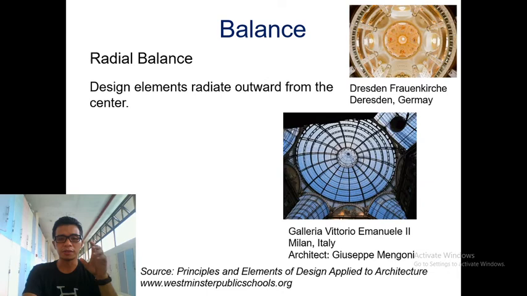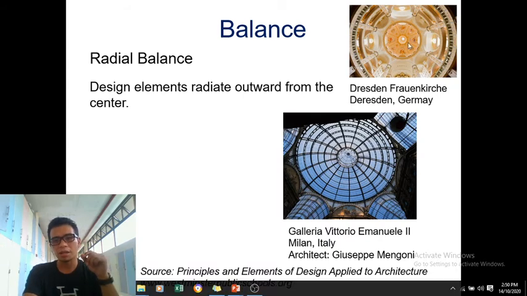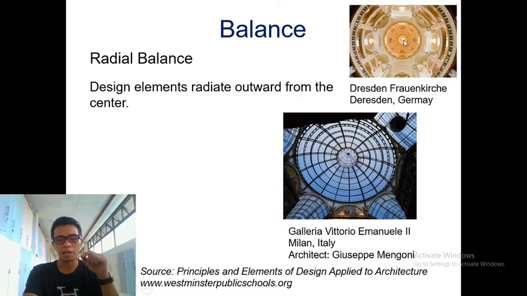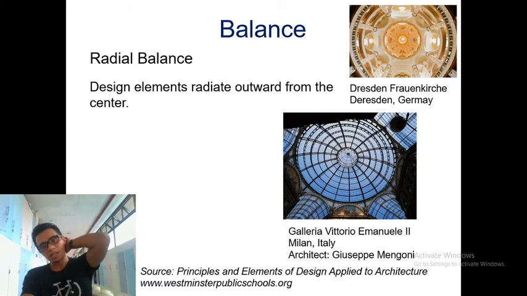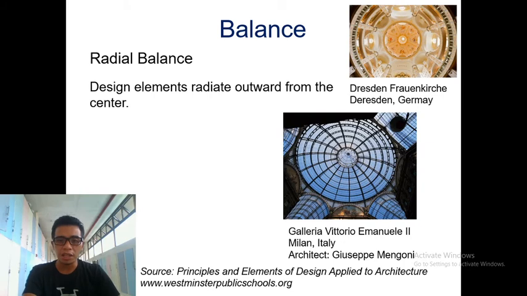Let's proceed. Now, when you talk about radial balance, of course, design elements radiate outward from the center. So, may central portion ng structure. Tsaka may radius, nagra-radiate from the center going to the outside.